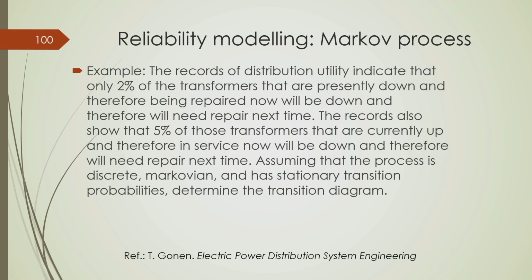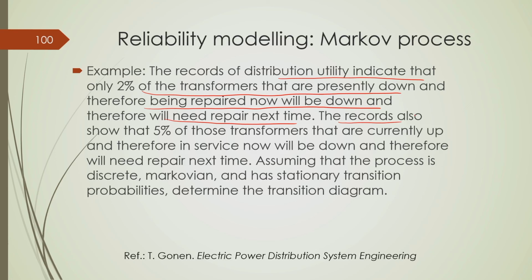Okay. So, I have a small example which would be useful to understand the concept. A distribution utility has 2% of transformers that are presently down, and therefore being repaired now, that will be down also, and therefore will need repair next time. So, there are 2% transformers which are presently down, and after repairing there is a probability that they will be down. Okay.